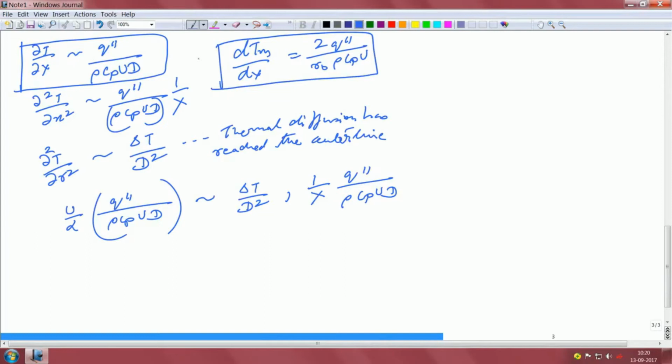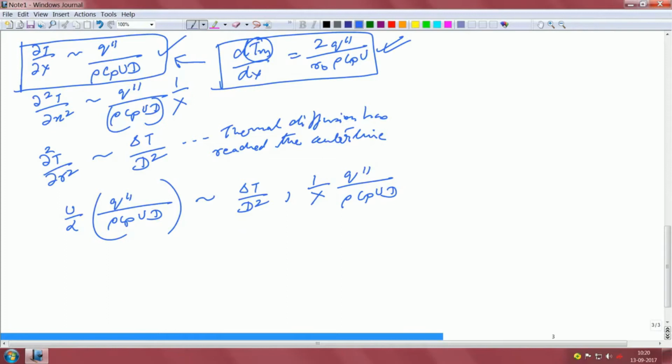So, we are utilizing that to find out what the scales of this particular factor are going to be, because the mean temperature gradient is also similar to the axial temperature gradient. dTm/dx has taken care of only the radial part, while the axial variation is still there. That is exactly what we have used in this scaling, which we already did earlier.